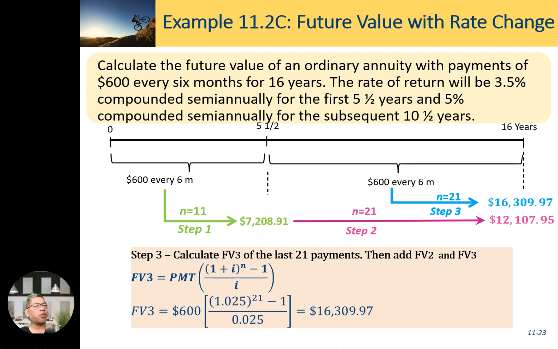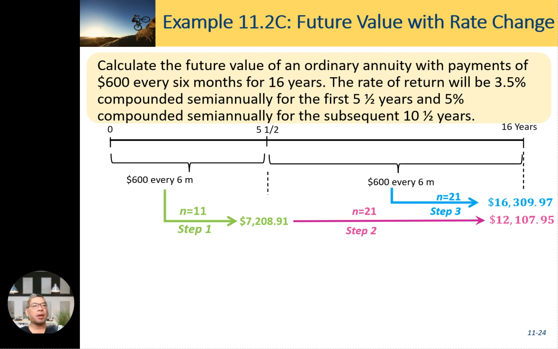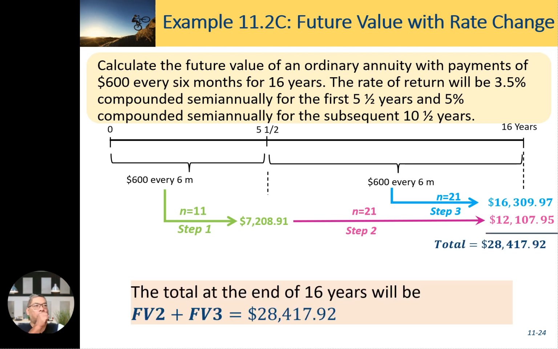Once you get future value 3, you sum it up: future value 2 plus future value 3. The total will be 28,417.92.